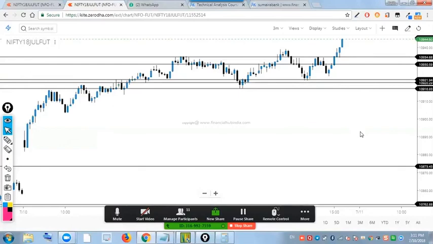Around this level. This is the support level, right? Yeah, we can handle it, right? 31. It's almost 35 layer.